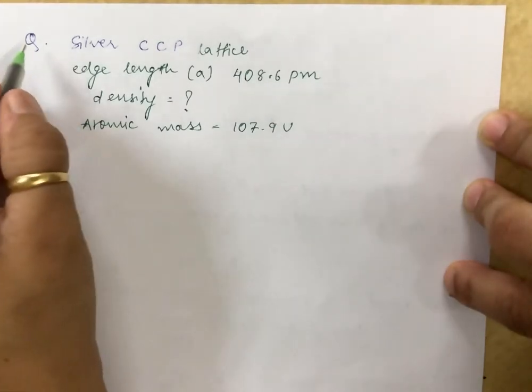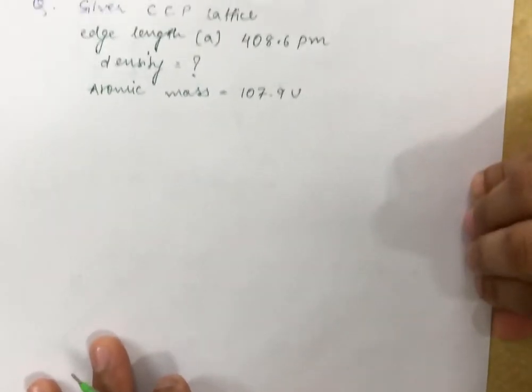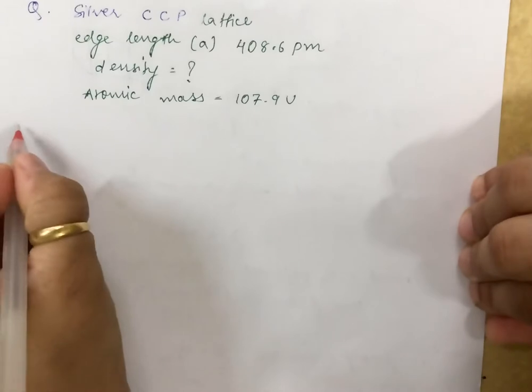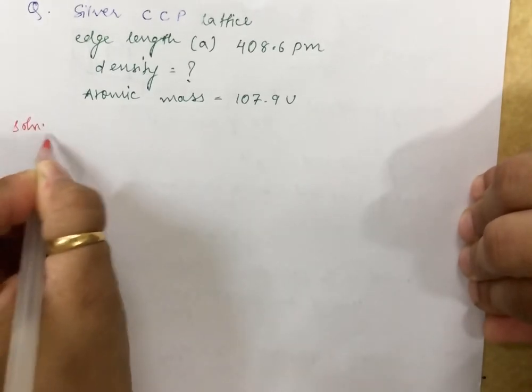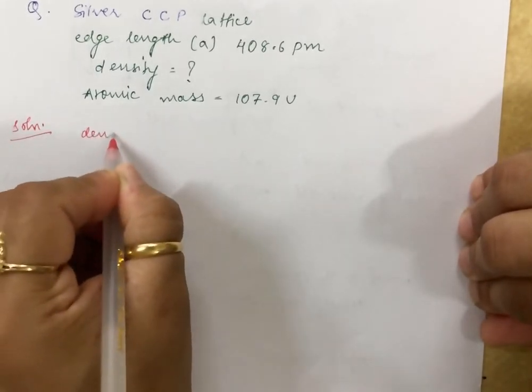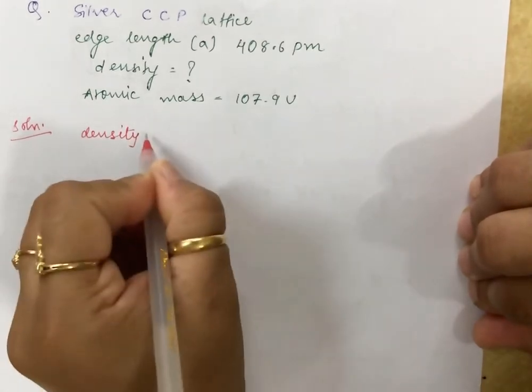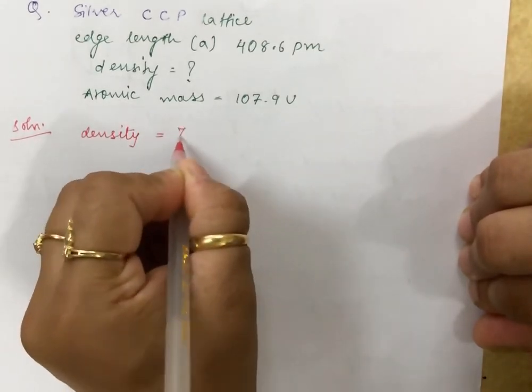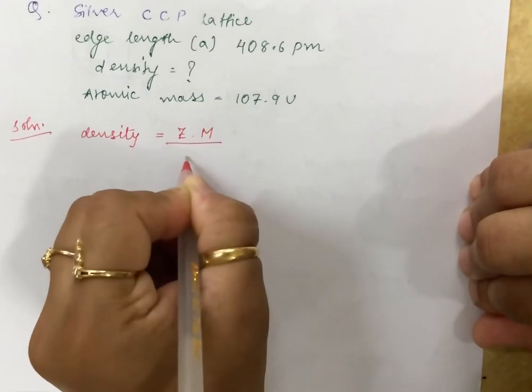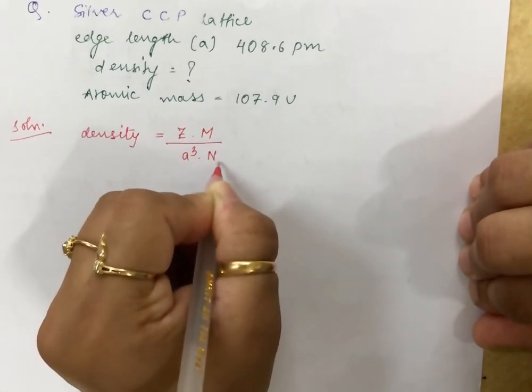It's very simple. I have just now brought to you the formula. The formula you know is density, which I will merely write as D, that is Z into M divided by A cube into Na.